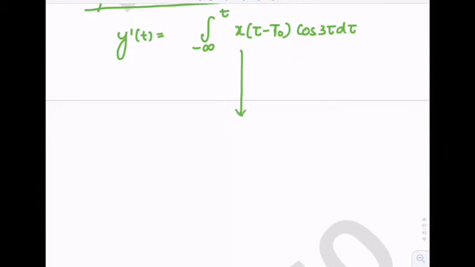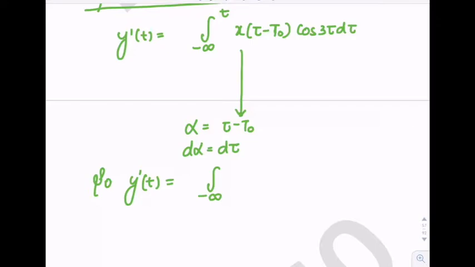Now if we let alpha equal tau minus t naught, so d alpha is equal to d tau. So y dash(t) is equal to the integral from minus infinity to t minus t naught of x(alpha) cos of 3 times (alpha plus t naught) d alpha.